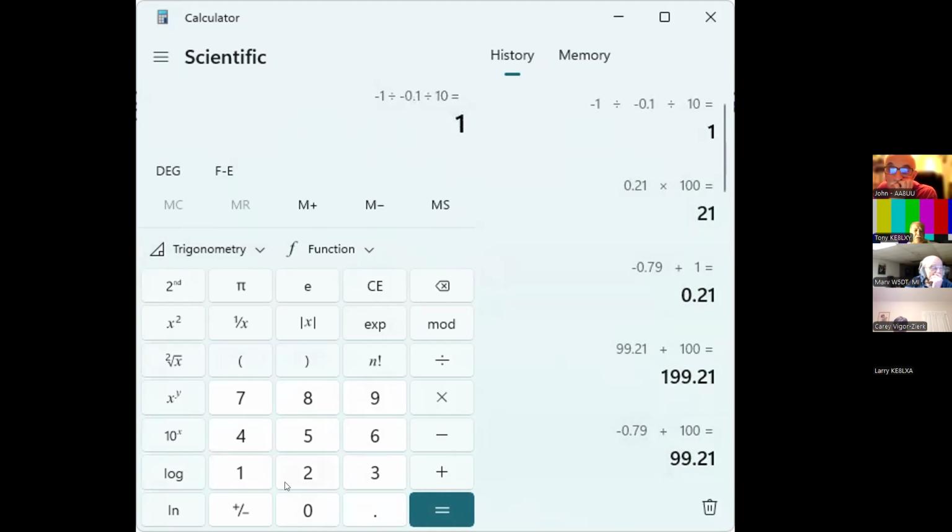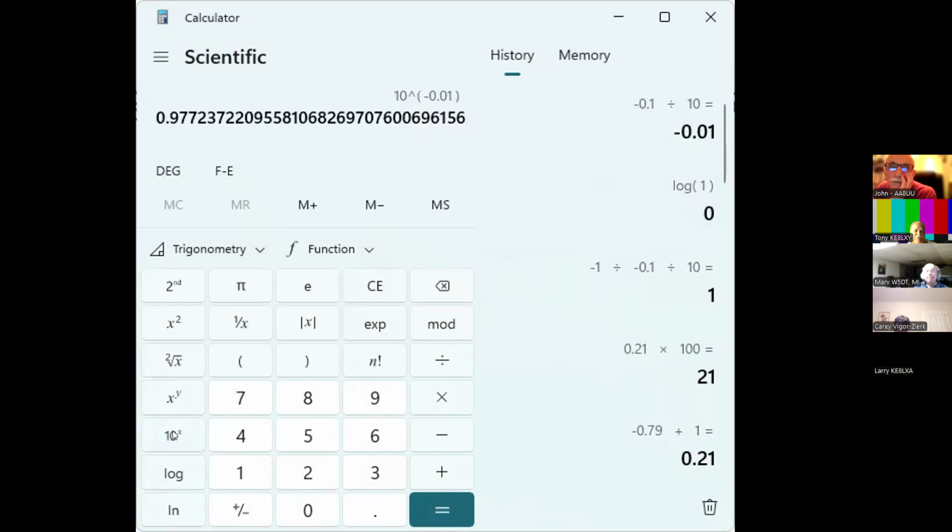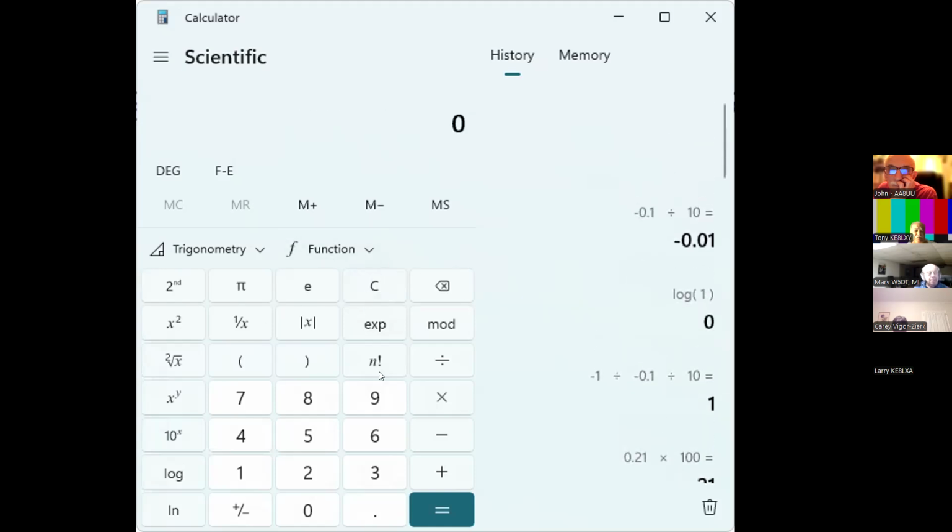Sorry, guys. 0.1 negative divided by 10 equals 0.01. That's better. And then you do the inverse log of that, which is 10 to the x. And there's your 97, which is the wrong number again, isn't it? Boy, am I struggling with this one.